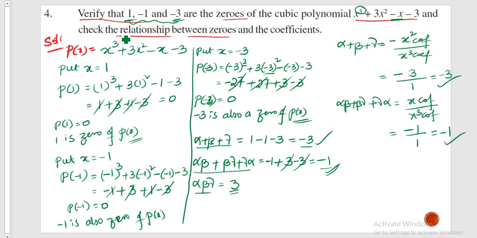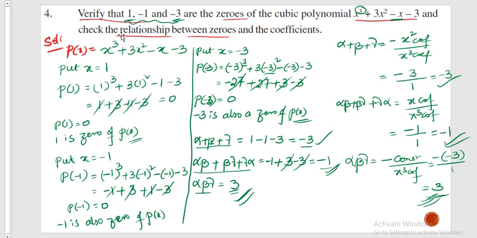So this also we verified. Next, product of zeros. What is the product of zeros? It is nothing but minus constant by x cube coefficient, right? What is the constant here? Minus 3, so minus of minus 3 divided by x cube coefficient 1 gives me 3. So I have verified the product of zeros also.